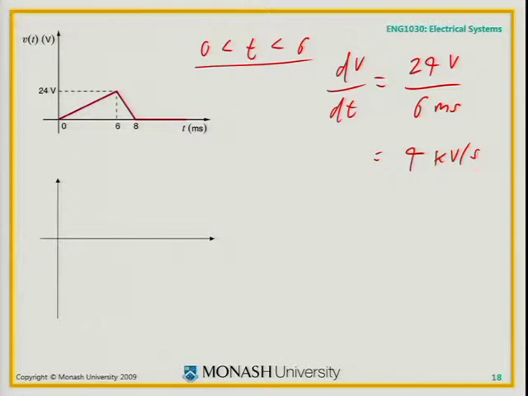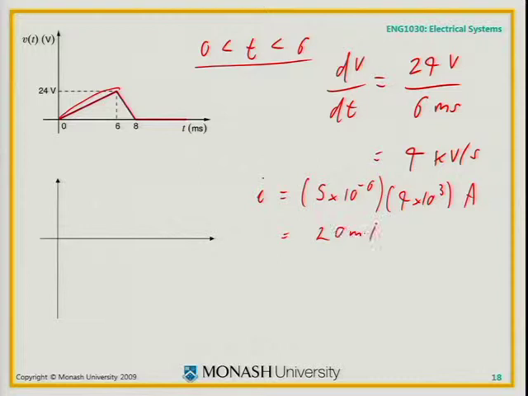Just this straight line here, the slope is 24 divided by 6 milliseconds. But that isn't it. Remember, I need to multiply that by C. So I will equal 5 microfarads by 4 by 10 to the 3 amps, which is 20 milliamps. So it's 20 milliamps there.